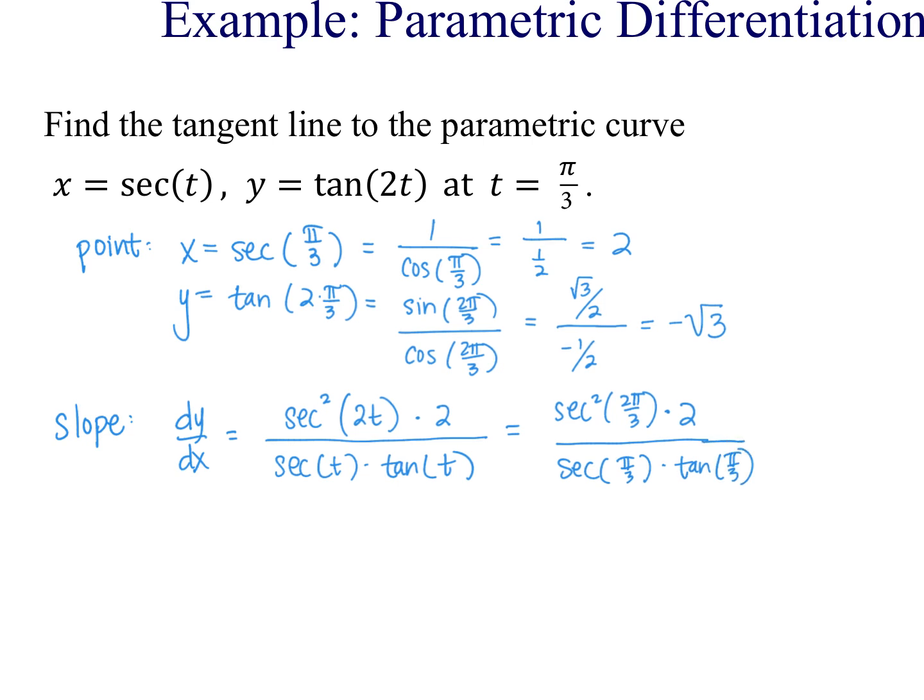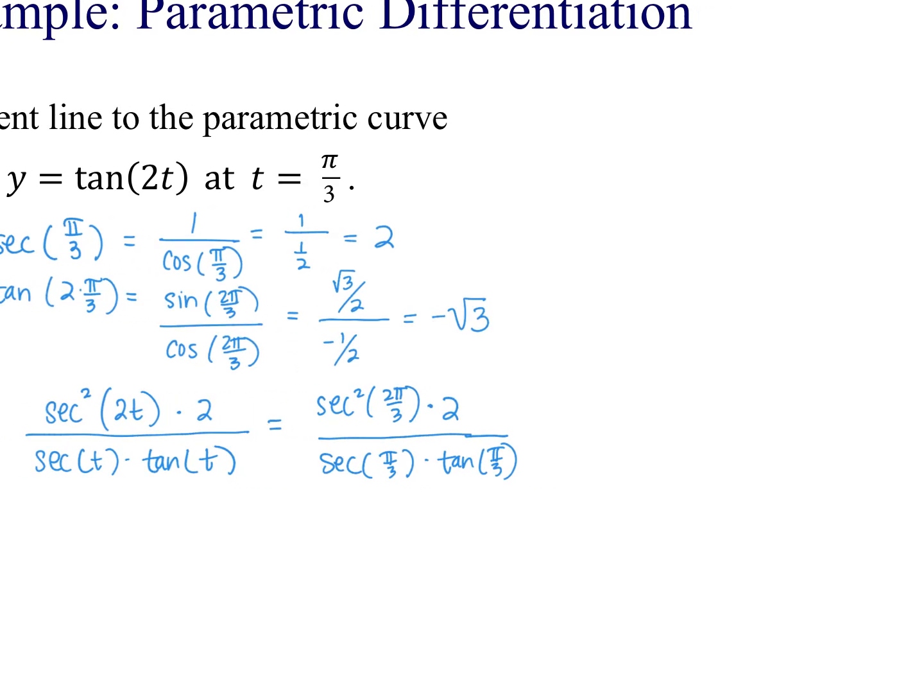And you'll just pull all these values off of your unit circle. So secant squared of 2 pi thirds would be 1 over the cosine squared of 2 pi thirds times 2, and then 1 over the cosine of regular pi thirds, and then sine pi thirds over cosine pi thirds.